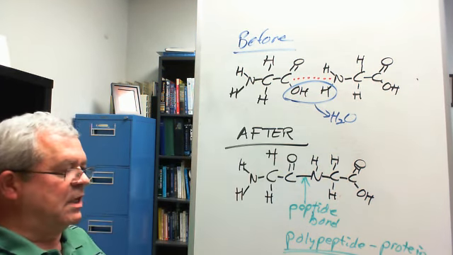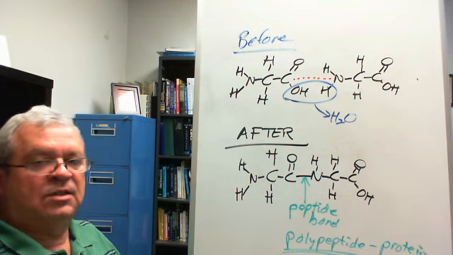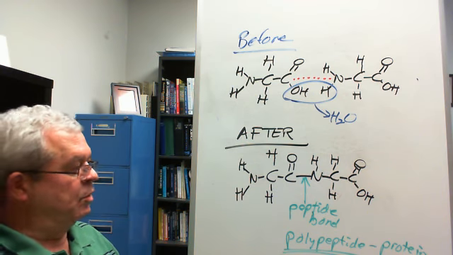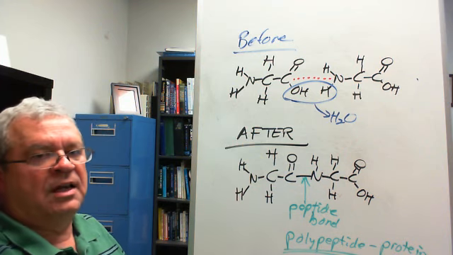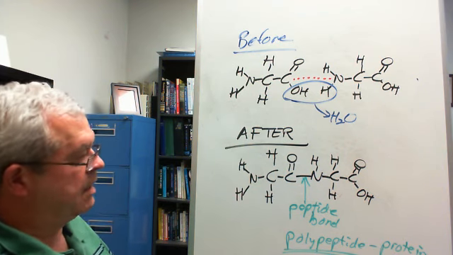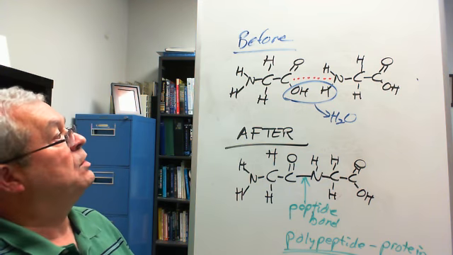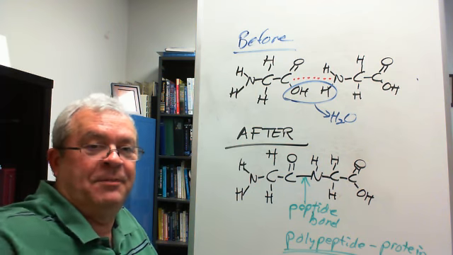We'll see why, but a polypeptide chain is basically the basic component of a protein. There's more to a protein than just its amino acids, but they're kind of used interchangeably, polypeptide and protein. And so there you have it. Two glycines joined together to form this unit. Okay, that's it for this one.